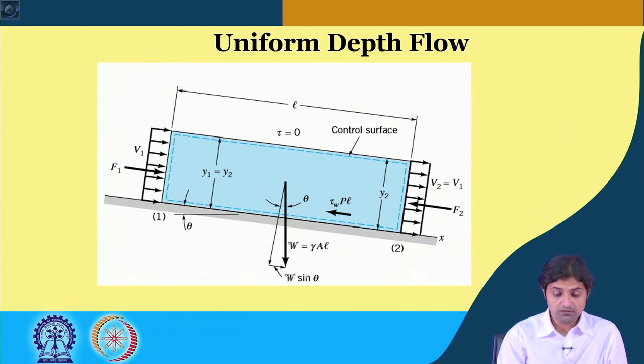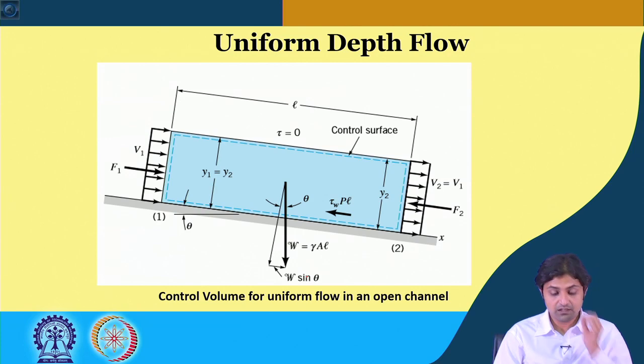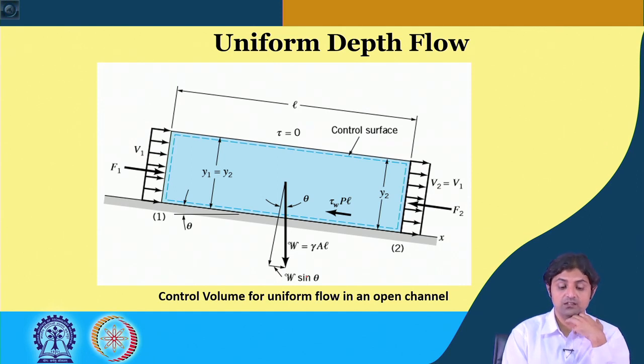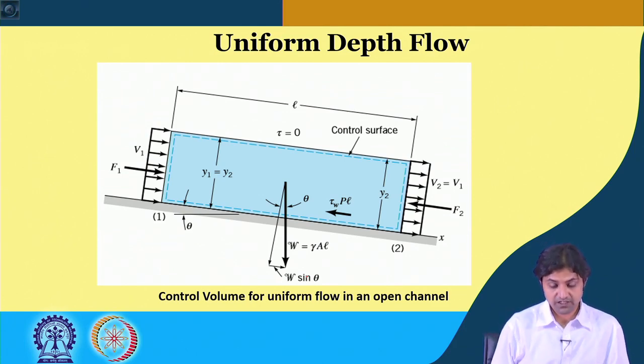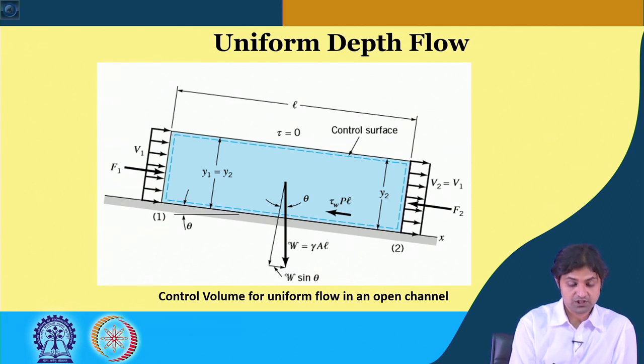Now, this is a cross section, and we are seeing the control volume for uniform flow in an open channel, because we are going to derive this. If you look at this figure very carefully, this is uniform section 1 here, and this is uniform section 2.